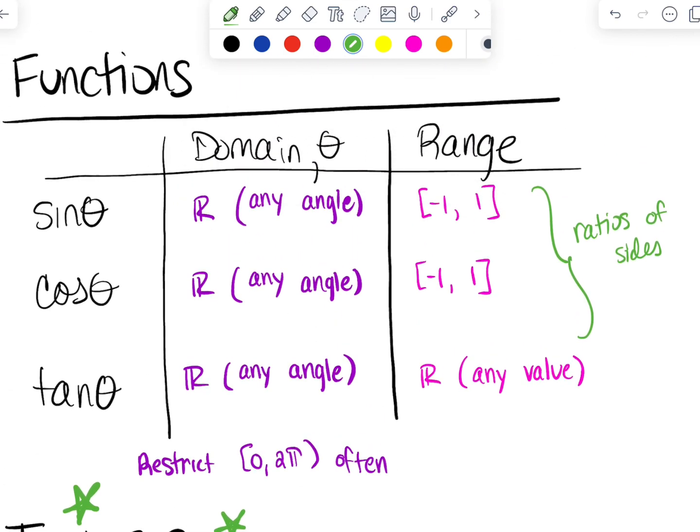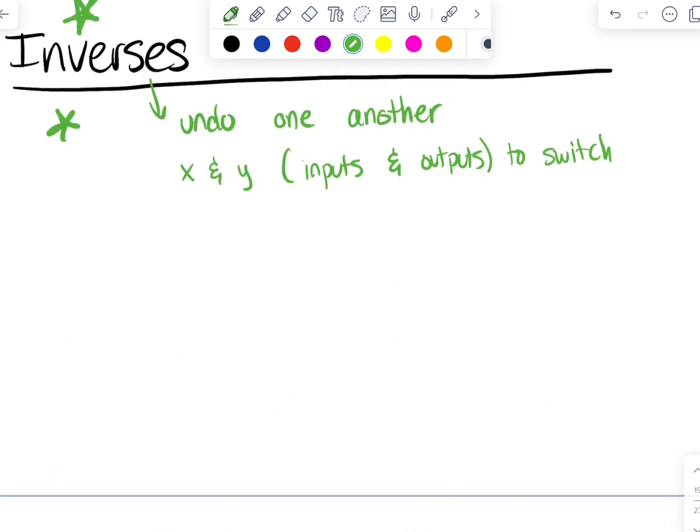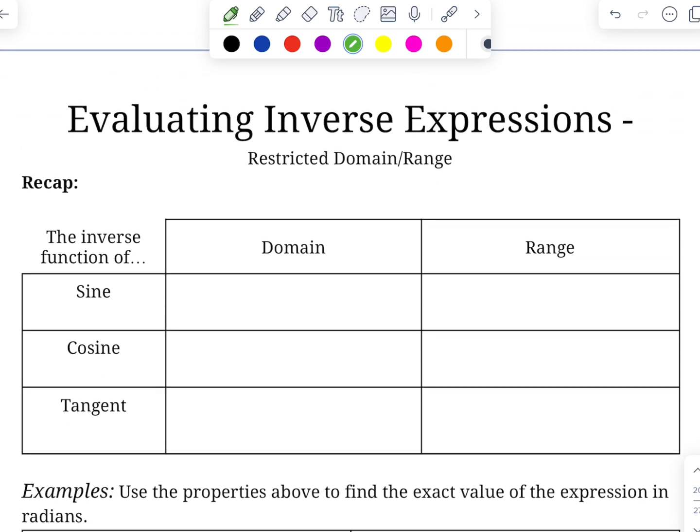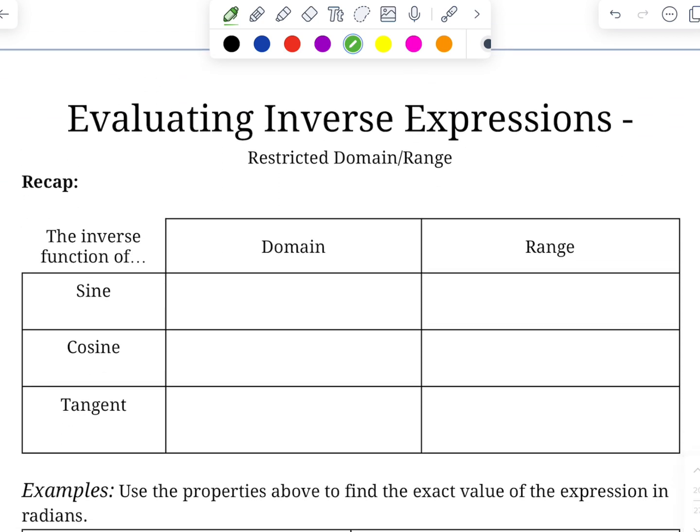So these two columns, our domain, which represents our inputs, and our range, which represents our outputs, are going to switch for us when we talk about our inverses. So I want you to find this page in your notes packet, and look at this table. Now what once was the range, because keep in mind we're looking at the sine inverse, is now going to be our domain.